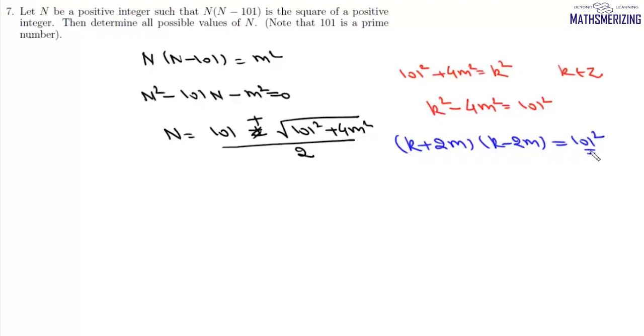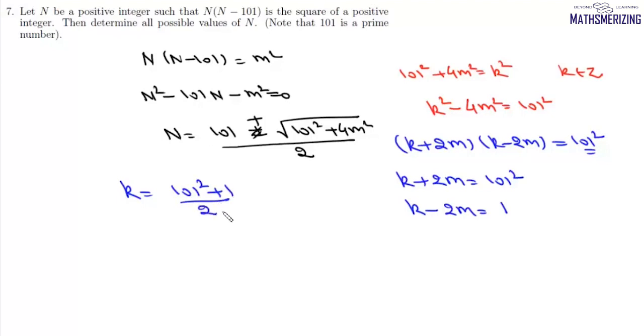So the only way to factorize this 101 square is when we have k plus 2m as 101 square and k minus 2m as 1. So if we add them, we'll get the value of k as 101 square plus 1 divided by 2.